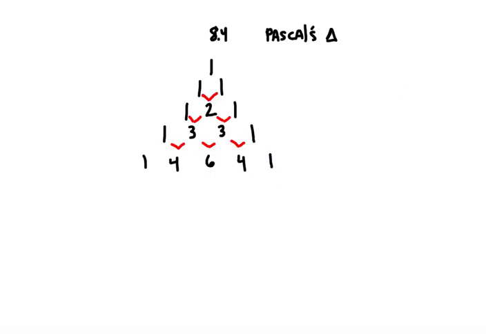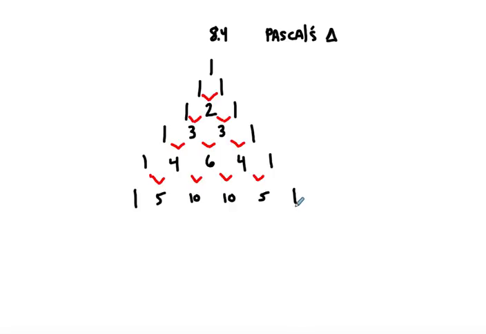Okay, and this would just continue on forever. So now what would be the next row? So it'll be a 1, 5, 10, 10, 5, and a 1.